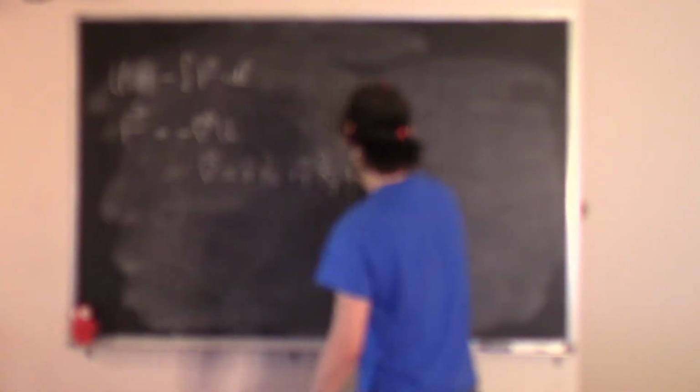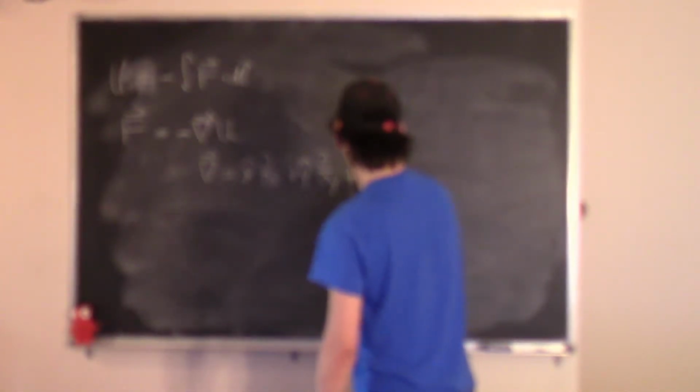But if I instead had some potential energy function and I wanted to find some force from it, what I could do is say that F vector is equal to the minus gradient of the potential energy function, where this gradient in Cartesian coordinates is x hat, partial derivative with respect to x, plus y hat, partial derivative with respect to y, plus z hat, partial derivative with respect to z.